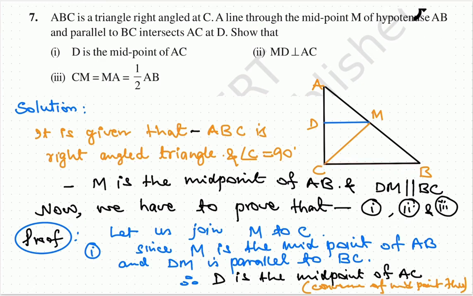Now we have to prove these. For that, let us join M to C. So now we have M is the midpoint of AB and DM is parallel to BC. Therefore, D is the midpoint of AC as per the converse of the midpoint theorem.